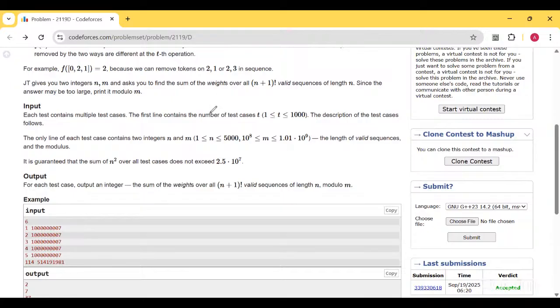Let me give you some hints. For example, what if n is only up to 8? Can we solve it using brute force? How to brute force this?